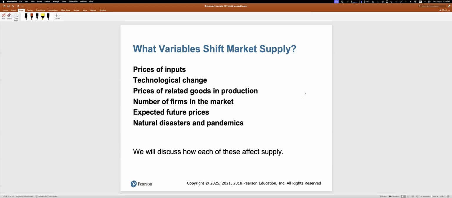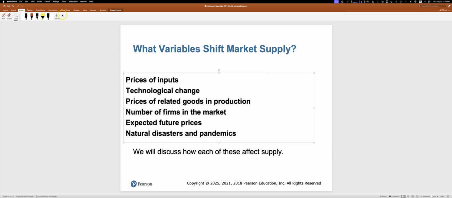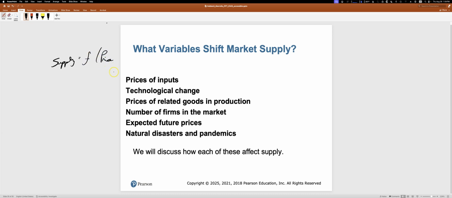Which now gives us, again, a number of different variables that are in that supply function. So again, we're doing the same kind of discussion here. We're saying that supply is a function of the price and of variables 1, 2, 3, 4, 5, and 6.